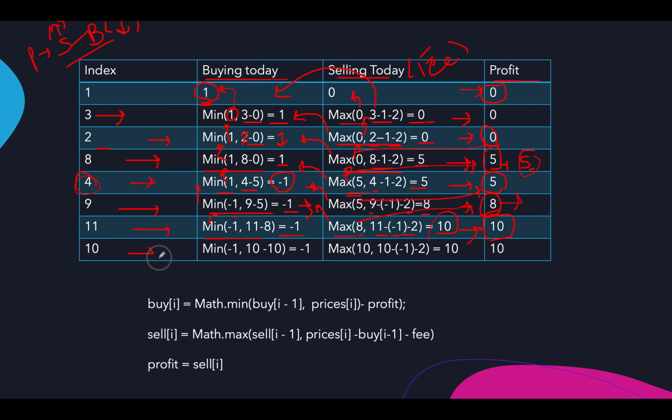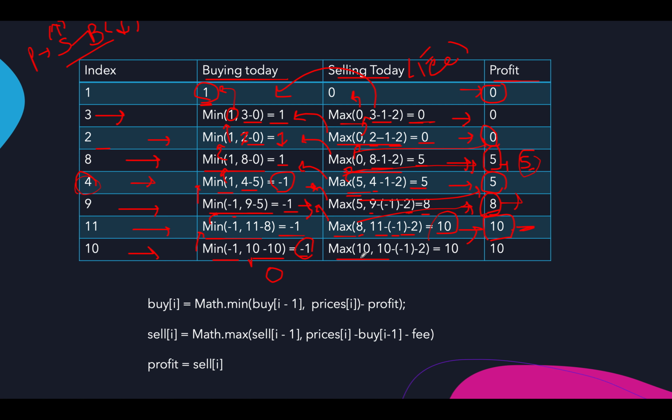And now let's look at the last row. We have 10. The first factor is minus 1, the immediate previous one, and the second one would be current price minus profit, which would be 0. So the minimum of these two is minus 1, fill it with minus 1, and then we have selling today. Let's calculate the selling today part.